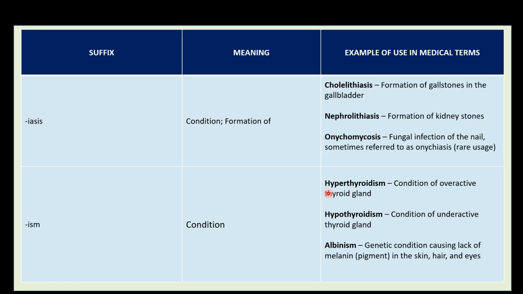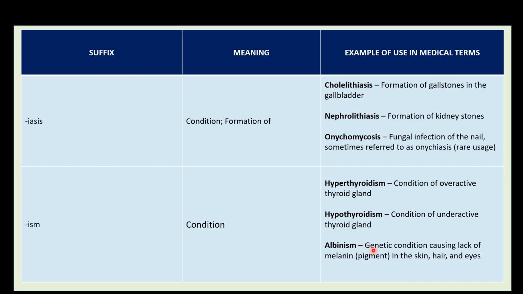For example, hyperthyroidism, which is a condition of overactive thyroid gland. Similarly, the next example is hypothyroidism, which is a condition of underactive thyroid gland. Similarly, if we use the terminology albinism, in this terminology also we are using -ism as a suffix, which is present at the end.